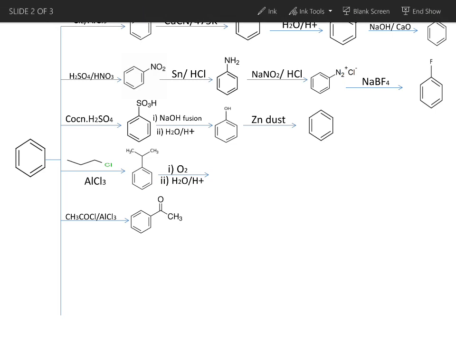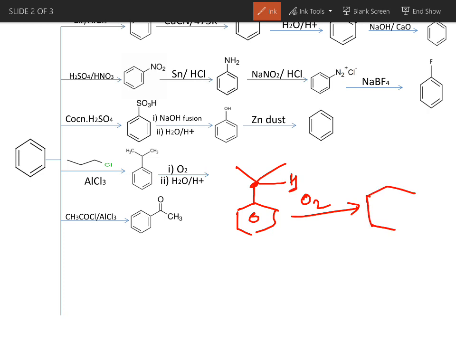When cumene is reacted with oxygen, oxygen will get introduced between this carbon and hydrogen and forms a compound known as cumene hydroperoxide.